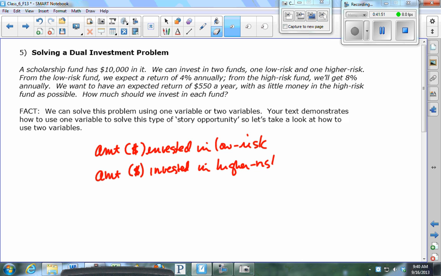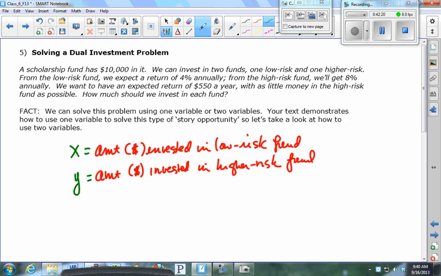Okay? I'm not trying to do this problem all at once with these equations and all these variables. I'm just taking a breath. Now, again, your book will show you, please read your book, how you can do this with 1 variable. I'm going to show you with 2. So we're going to call this first one X and the second one Y.